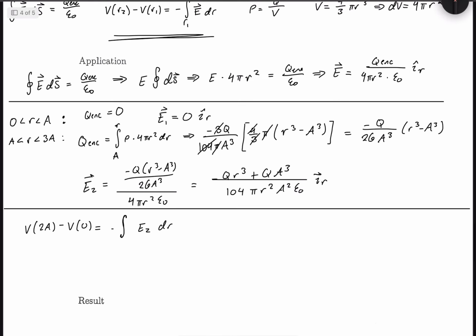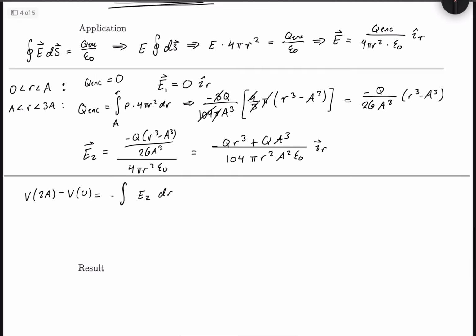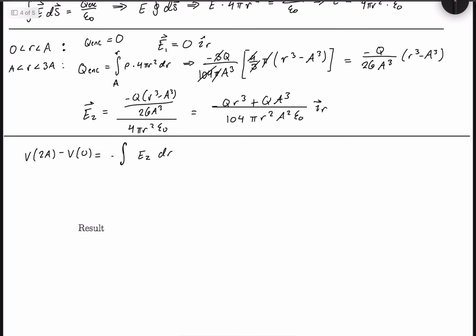That means there will be no effect on the electric potential difference when the radius is less than a. So we can adjust this integral to just say we're doing the electric potential difference between a and 2a.